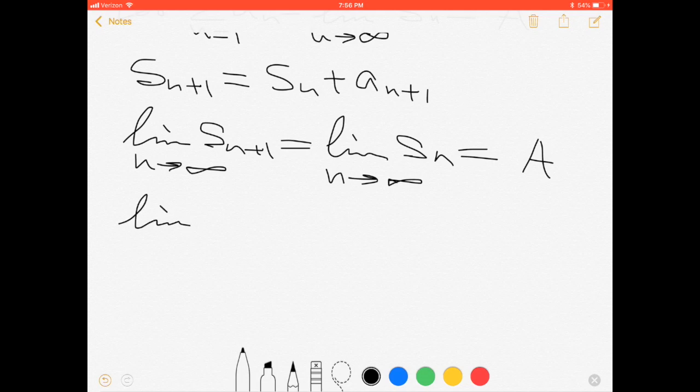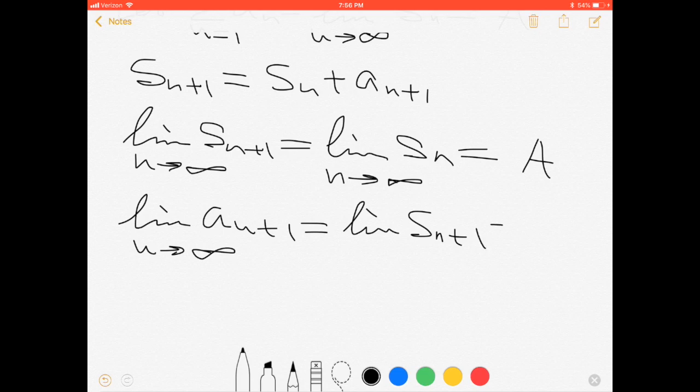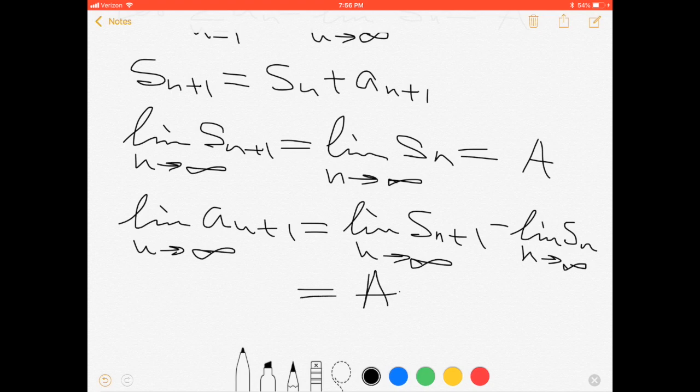the limit of a_{n+1} as n approaches infinity equals the limit of S_{n+1} minus the limit of S_n. And because it's a minus a, it will be 0.